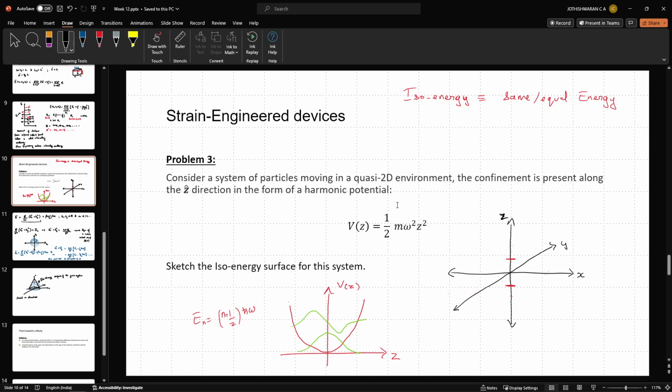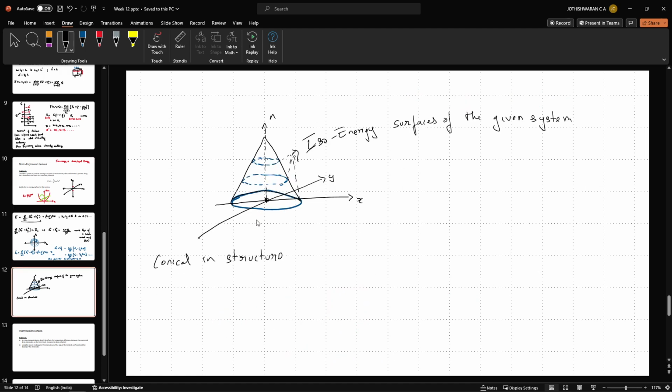While it does not make any sense to have a 1 over z square potential in one dimension, it will still yield bound states. With that also you can sketch similar surfaces, and you will see that the contour traced by these rings will change depending on the confining potential that you use. Use a harmonic potential, the contour is essentially a straight line, because of which we get a conical surface.